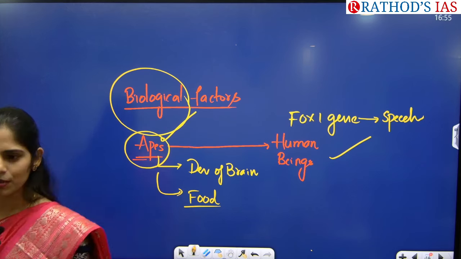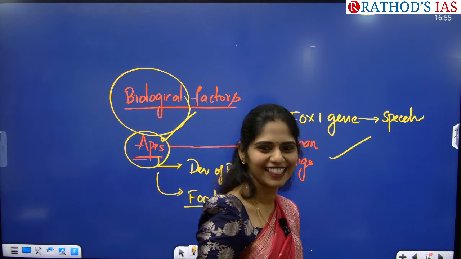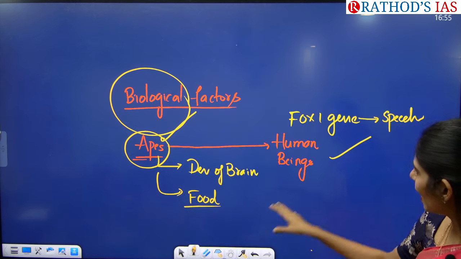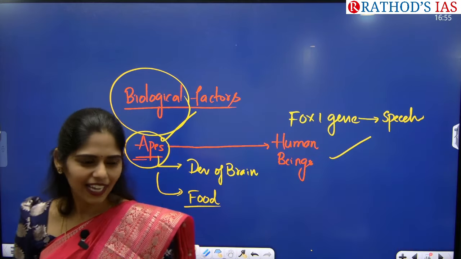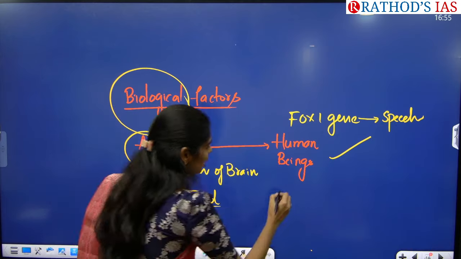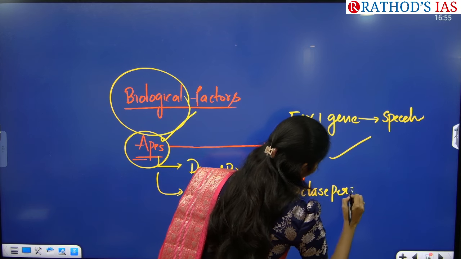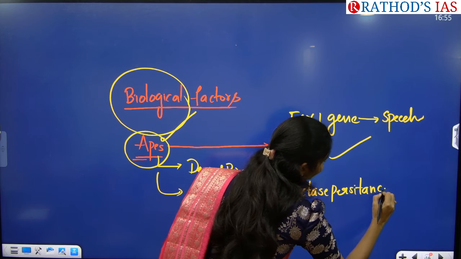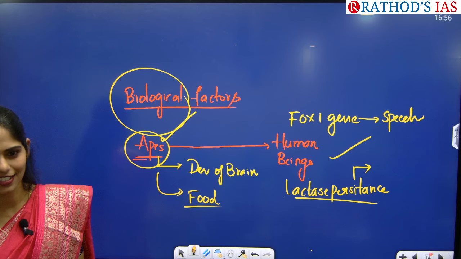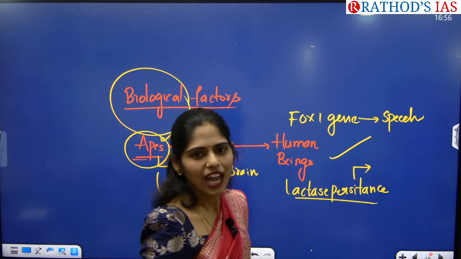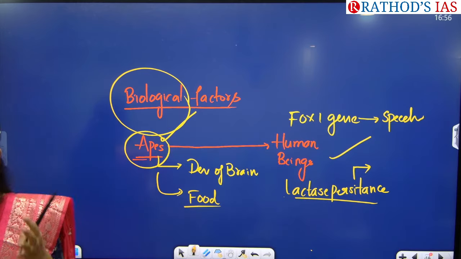Okay, and one more thing here: did apes have dairy products, ice creams, curd, milk? No, but now we are having them, and we are digesting them. Yes, that means in this process of evolution lactase persistence developed in humans, which is helpful for digesting lactose. Next, do you remember how an ape's face looks?